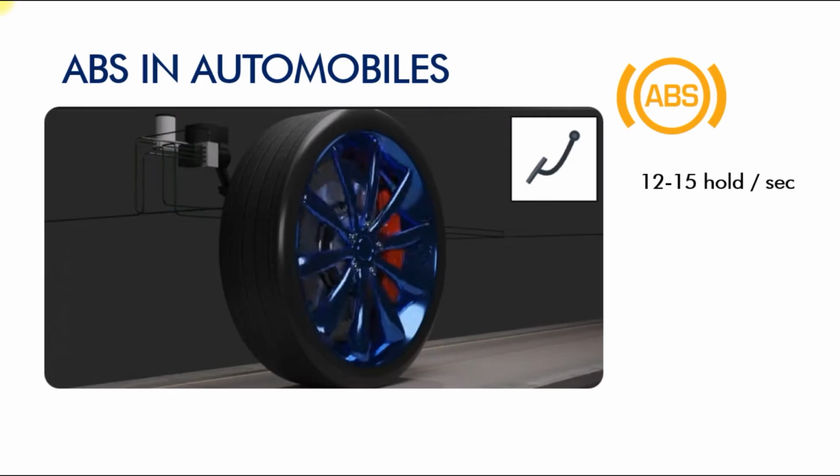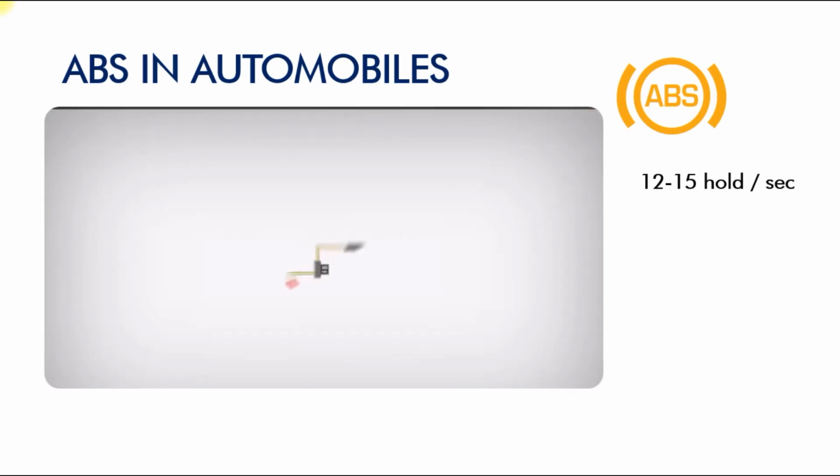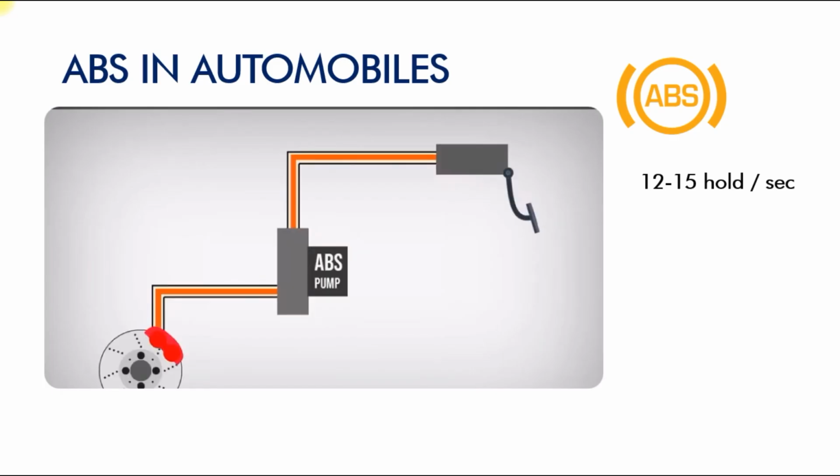This ABS gives 12 to 15 holds per second. It is not possible for human drivers, right? It applies the brake and releases the brake per second, 12 to 15 holds.